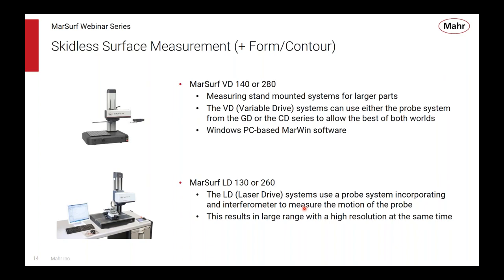Instead of giving you the 100 millimeters of the contour drive, you get maybe 26 millimeters here, but you get the sub-nanometer resolution through the whole 26 millimeters. The interferometer gives you the incredible resolution while still giving you a big range, so you can measure both the shape, contour, form type characteristics as well as the surface roughness characteristics. And you can even measure surface roughness on things with a lot of shape to them, like a bearing raceway or something like that.